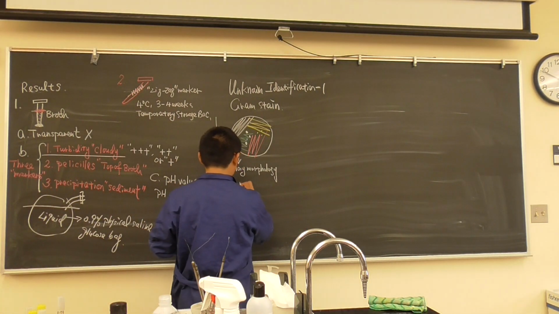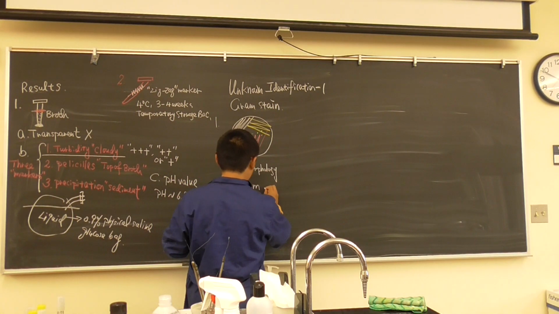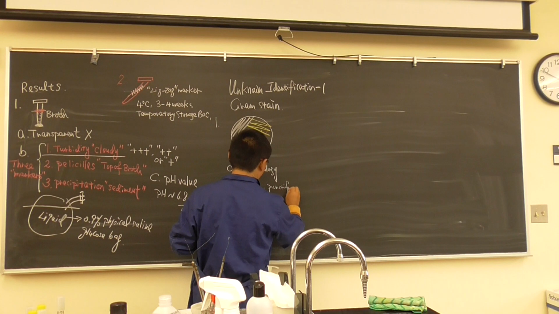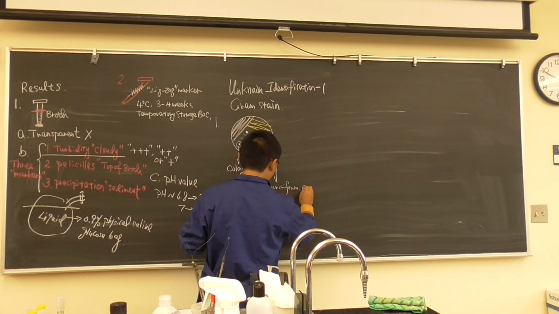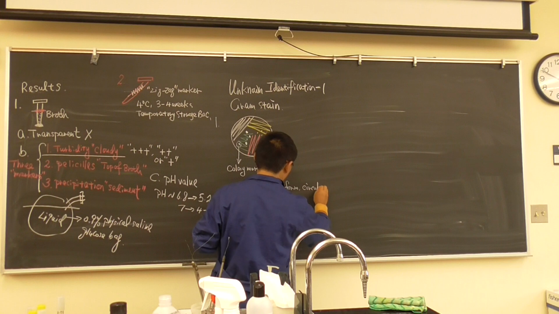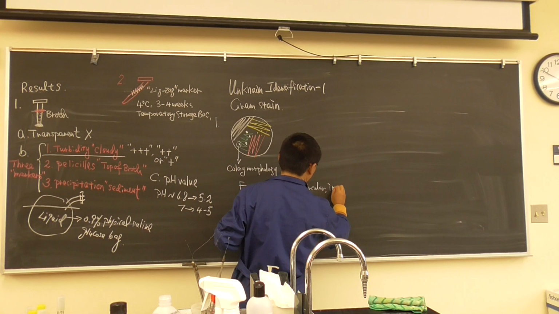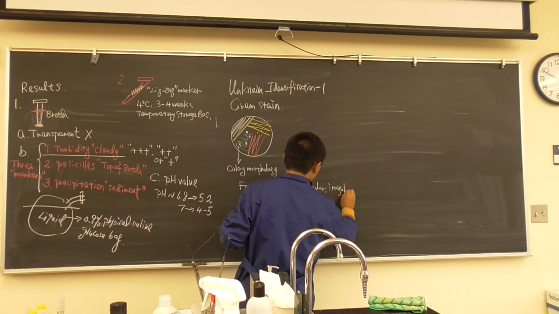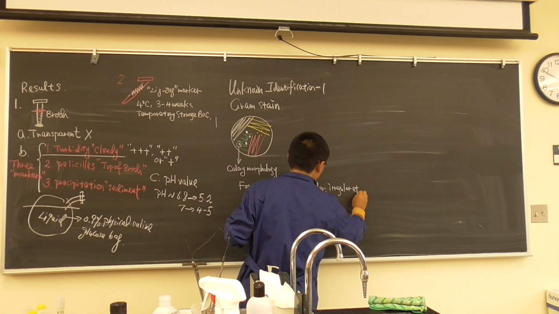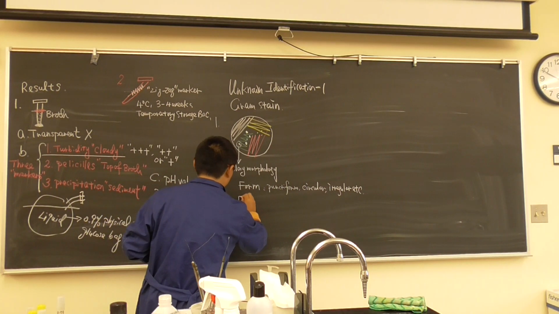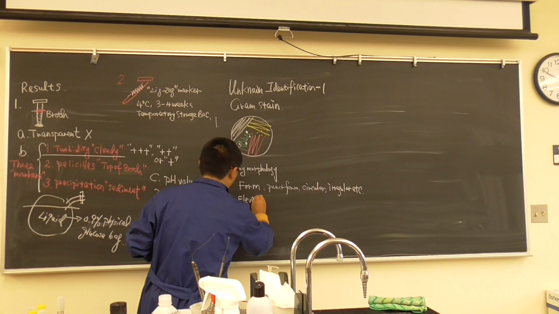The form, for example, could be punctiform, circular, or irregular. Second, the elevation.